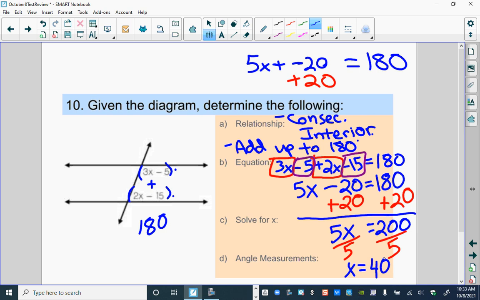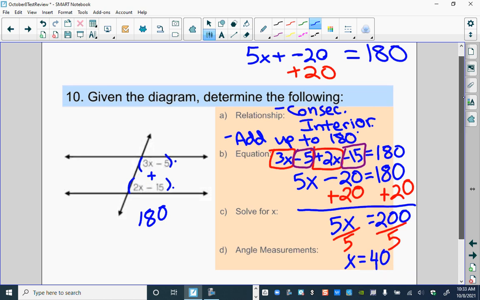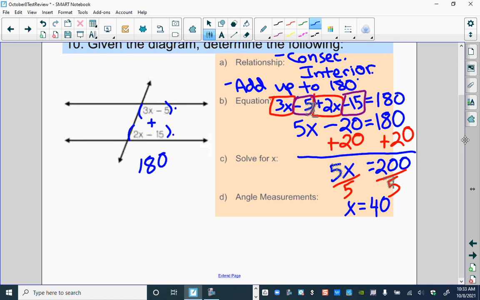Your x is going to be 40. Excellent work. So then x is 40, and you have to do 3 times 40 minus 5, and 2 times 40 minus 15.